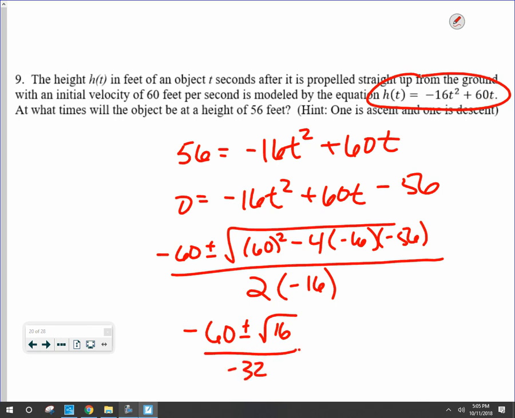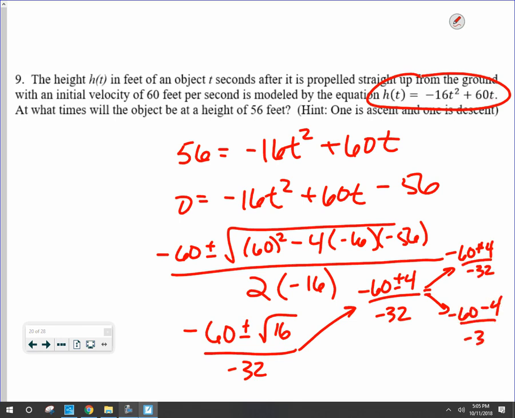So this breaks up now into negative 60 plus and minus 4 over negative 32. Solving this, you get two answers: negative 60 plus 4 over negative 32, and negative 60 minus 4 divided by negative 32. Running out of space here, but you get 1.75 as one answer and 2 as the other.